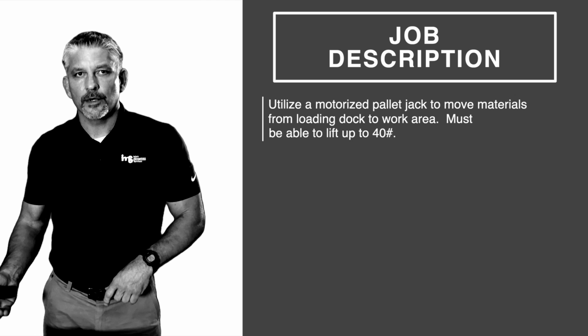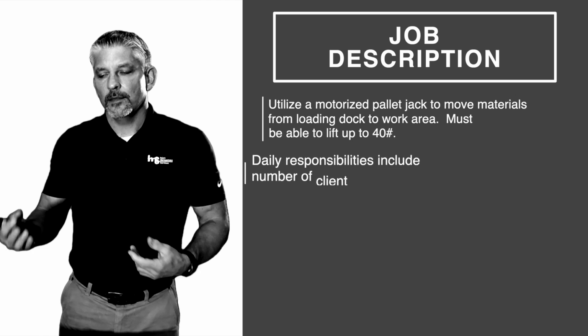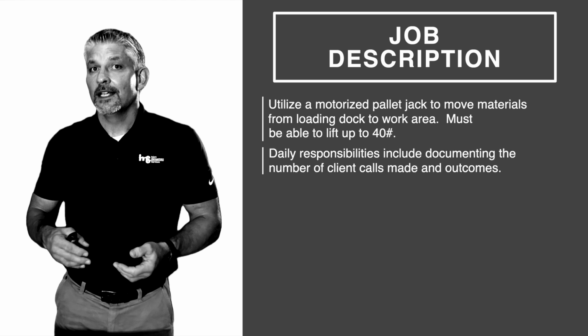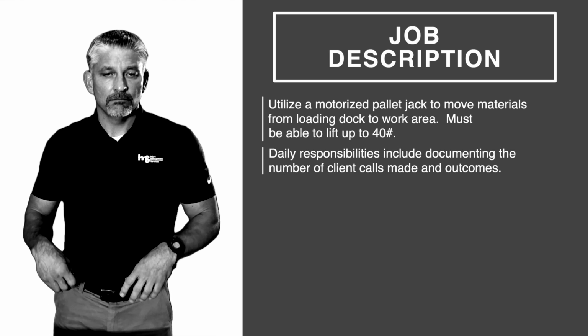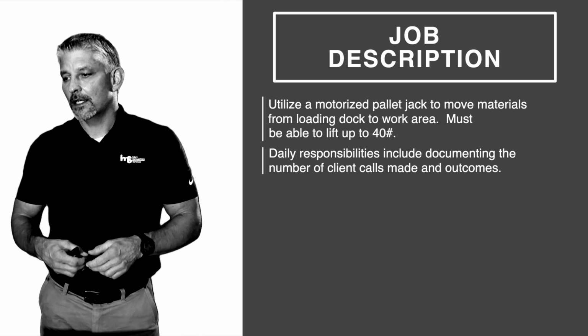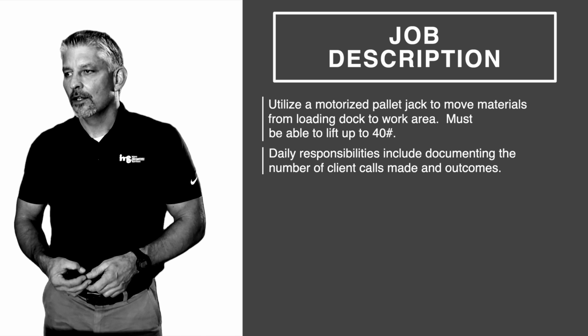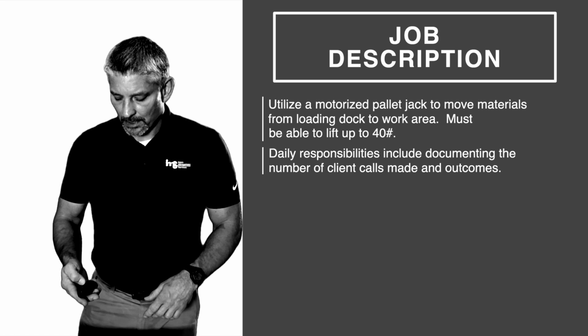Must be able to lift 40 pounds. Daily responsibilities include documenting the number of calls that came in. None of this tells you how much material was loaded on the pallet. What is the distance that you're going? Is there an incline? Where did you lift the 40 pounds?